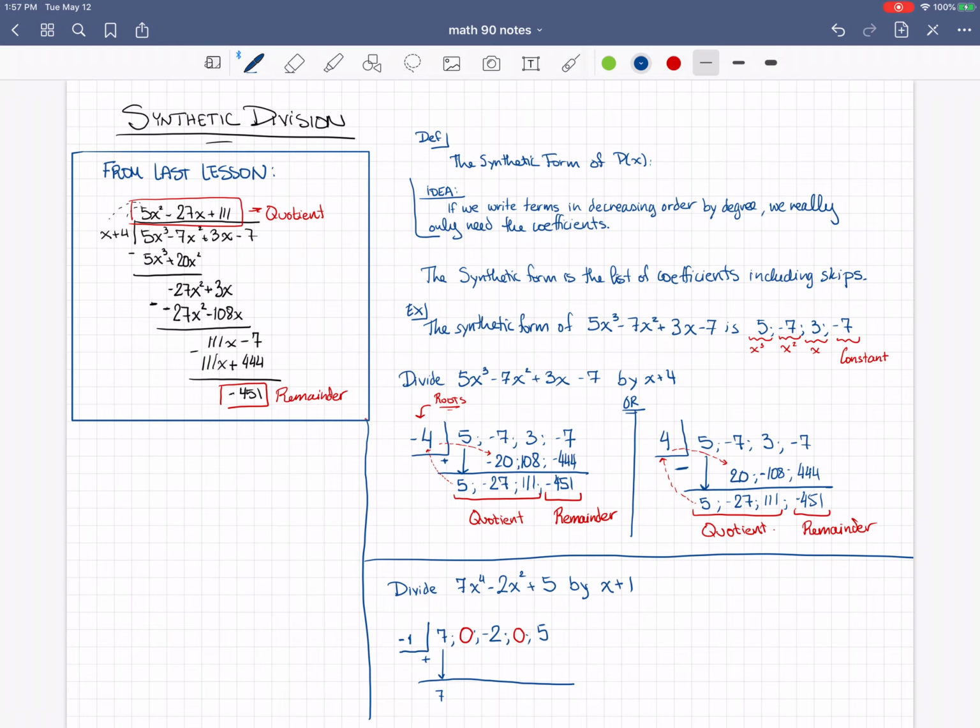Okay, so the 7 drops down. 7 times -1 is -7. In fact, let me put in the little dots so we see them. So there I multiplied, and now I'm going to add. 0 plus -7 is -7. -7 times -1 is +7.